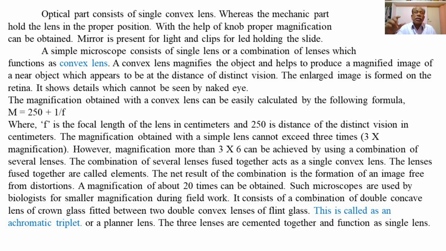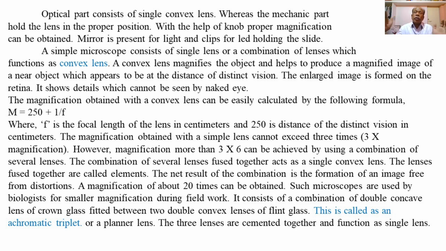The lenses fused together are called elements. The net result of the combination is the formation of an image free from distortions. A magnification of about 20 times can be obtained.